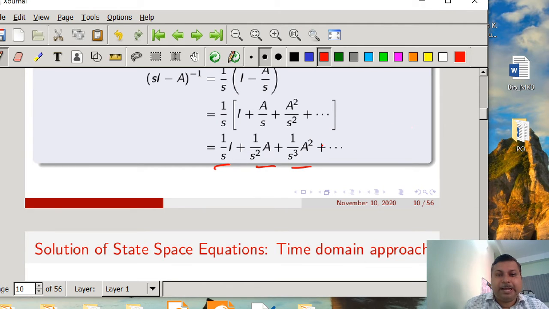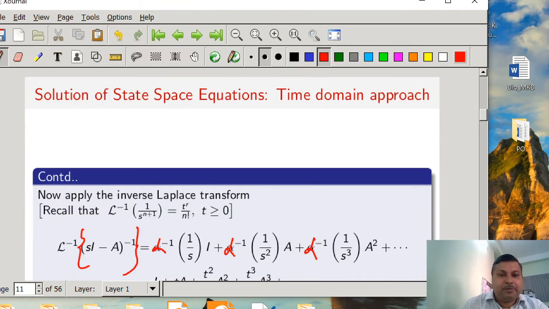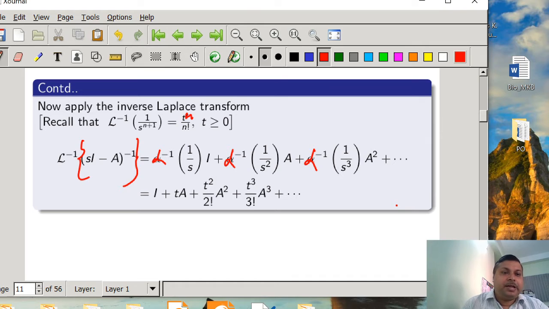To get the inverse Laplace of these terms, we will take the help of the formula: inverse Laplace of 1 by s to the power n plus 1 is equal to t to the power n by n factorial. Fine. So with this we are finding that the inverse Laplace of (sI minus A) inverse will also be an infinite series, but in time domain now we have I plus At plus A square t square by 2 factorial, plus A cube t cube by 3 factorial, and like that the terms will be there.